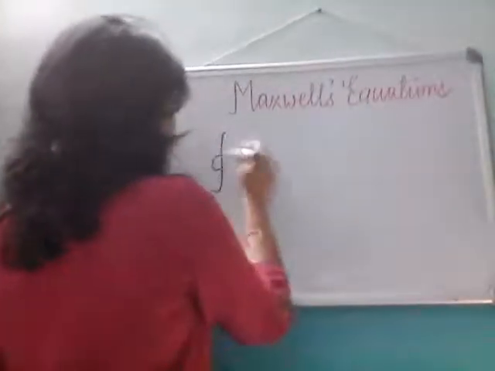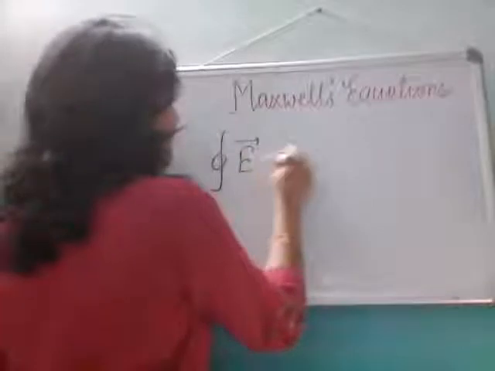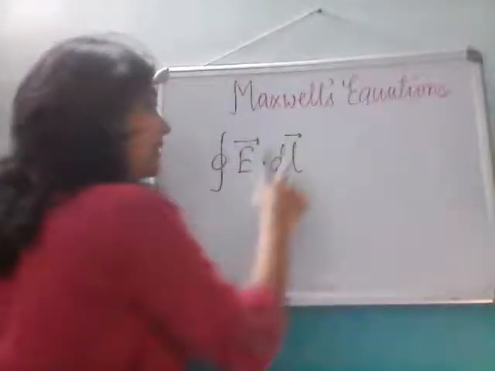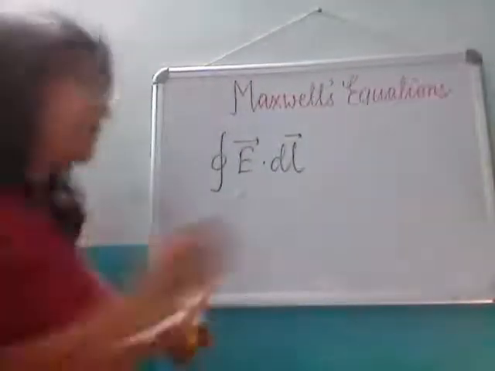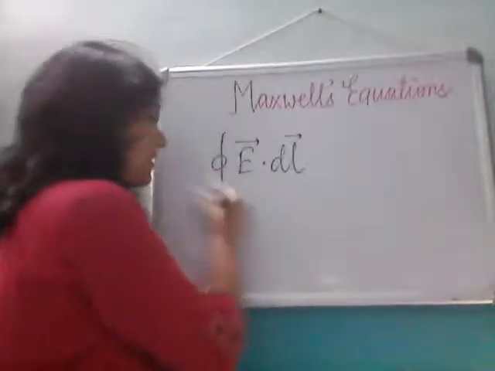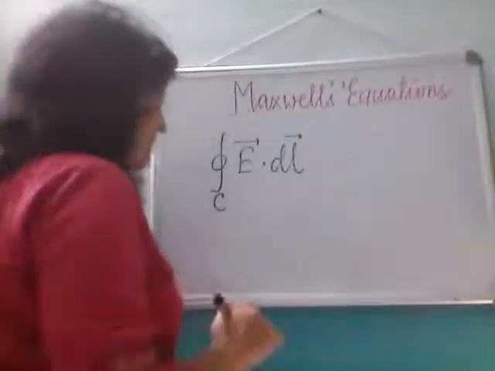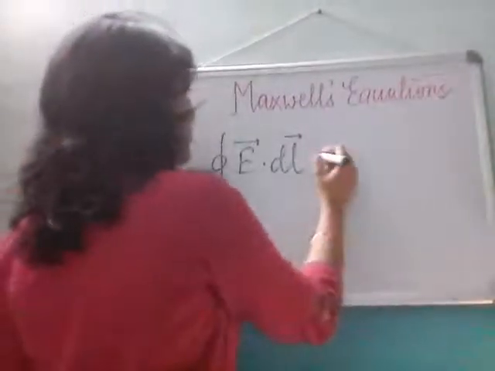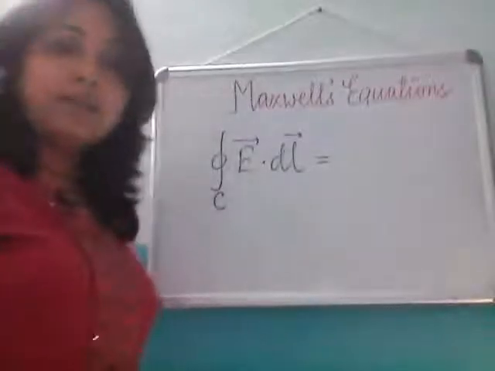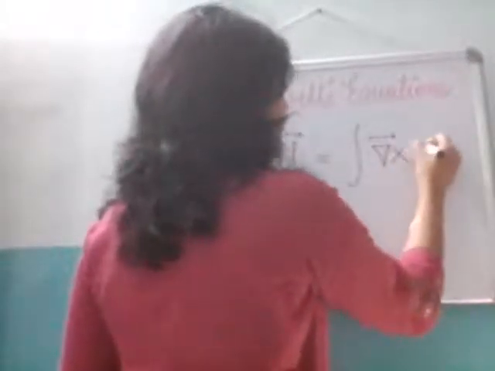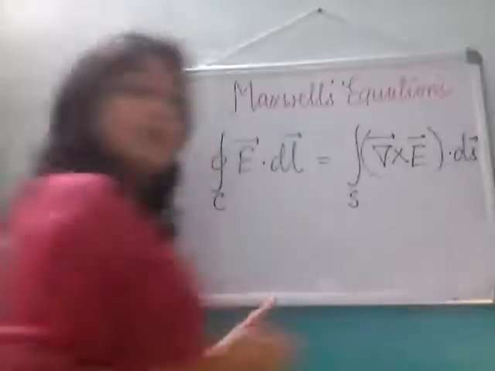It says that E dot dl, and when I'm writing dl, remember this is a line integral over a closed contour C. Alright. Now, over a closed contour C, this will be equal to curl of E dot ds over a surface.